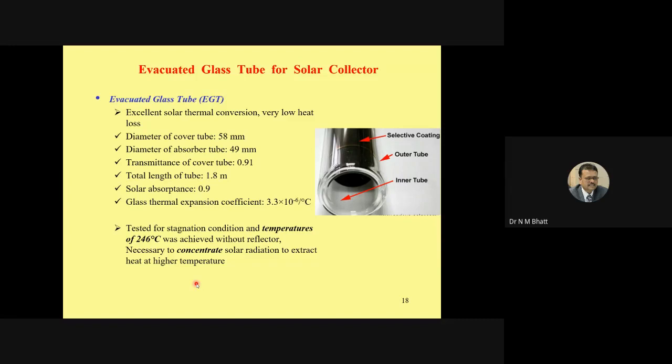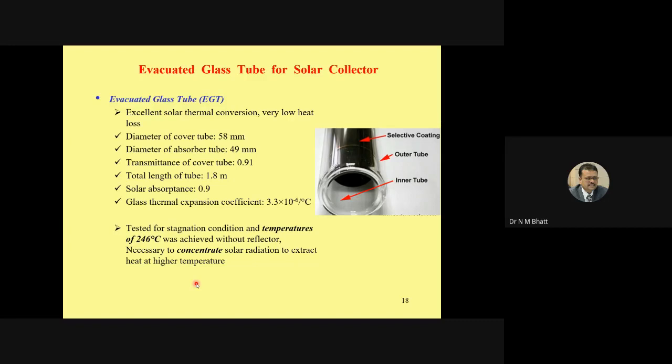Now you can correlate certain numbers which I am mentioning right now with yesterday's lecture. Remember, one of the assumptions for the economic analysis yesterday was that 300 sunny days are available in Ahmedabad, and the system is used for 6 hours of solar operation.